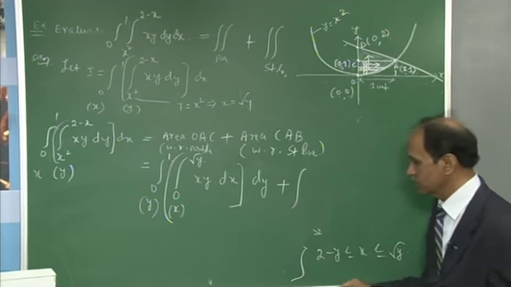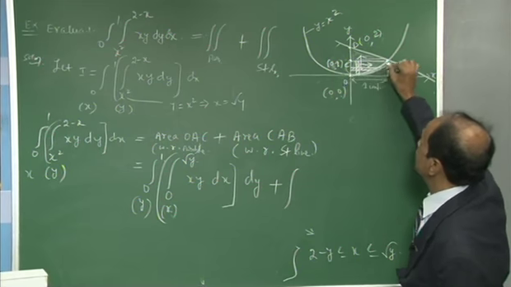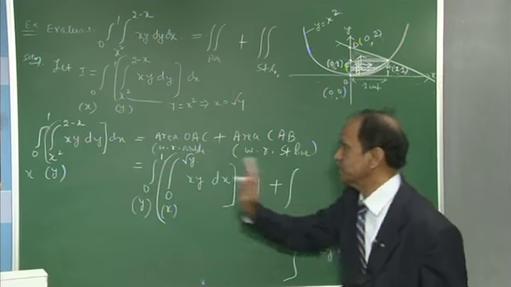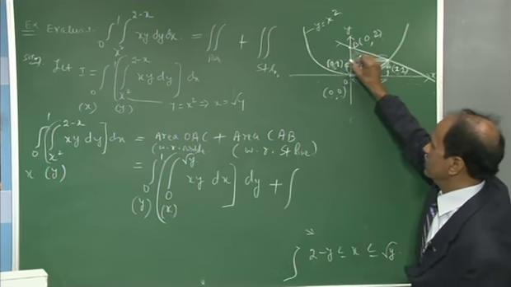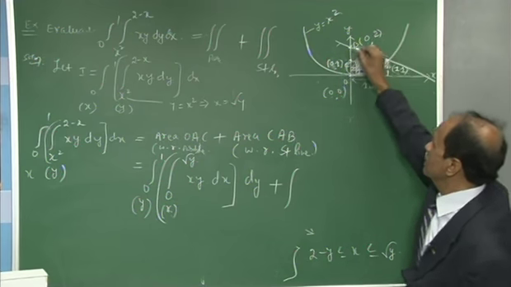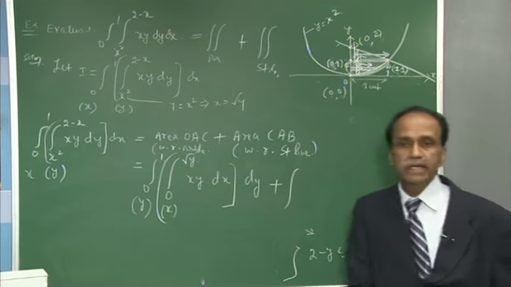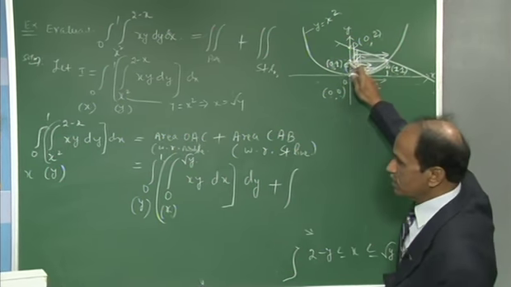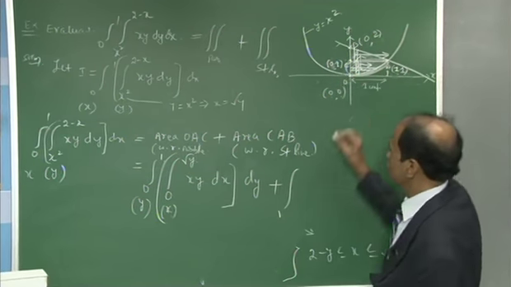Now, the integration of this area by means of the double integral is completed. Now we are left with this area. From where do we have to start? From this point, and we have to move towards this line. By what strip? By taking this strip, and it has to move along the x axis. Along the x axis, what is the lower limit for y? It should be 1, from 1 up to 2.